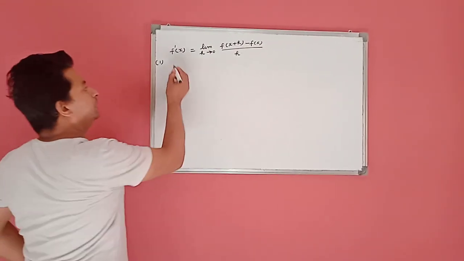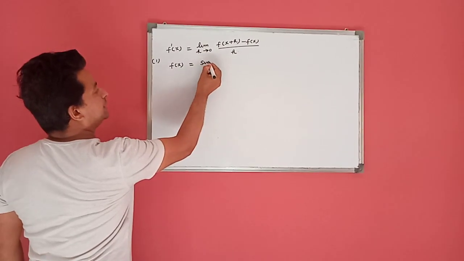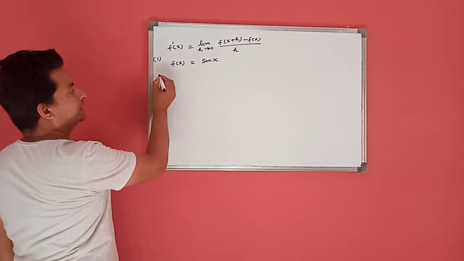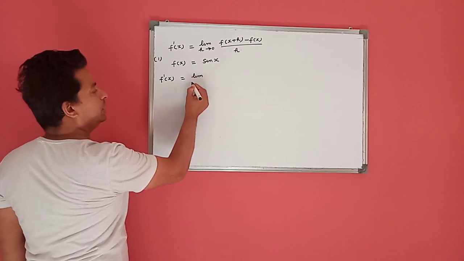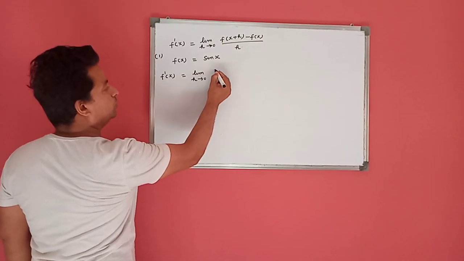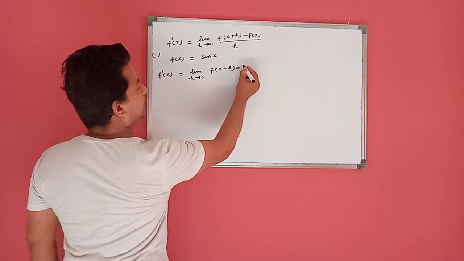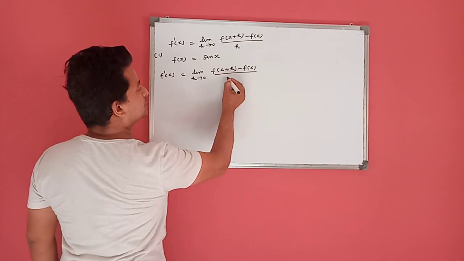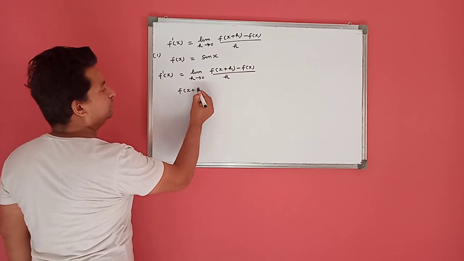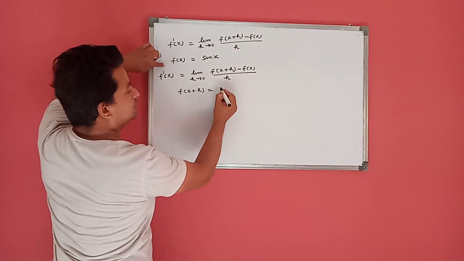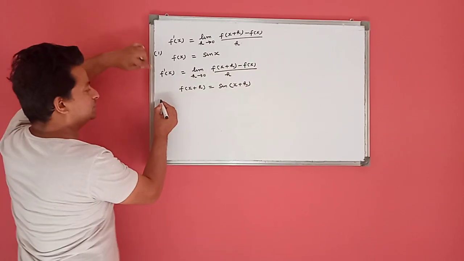First, we prove the differentiation of sin x. Let us consider f(x) = sin x. Then according to the definition, limit h approaches 0. Approaches means it's close to 0 but cannot be equal to 0. This is the definition. First we find f(x + h). We have f(x) = sin x, so f(x + h) is sin(x + h).